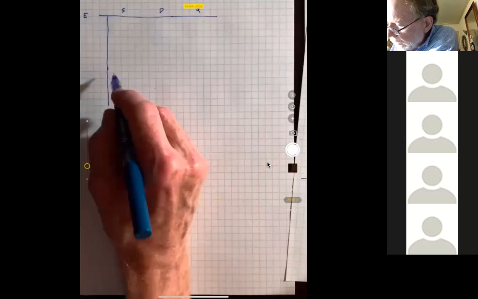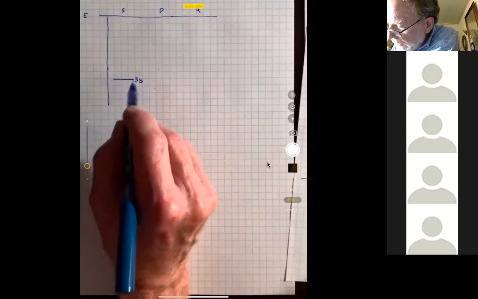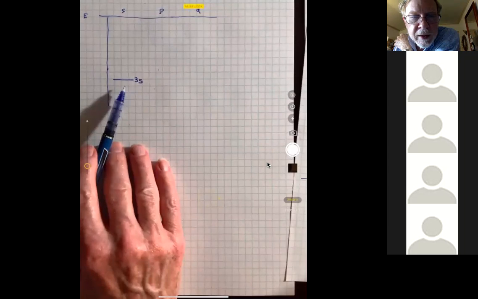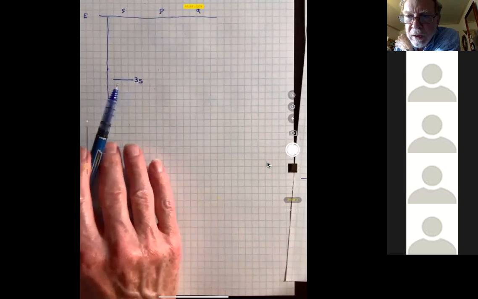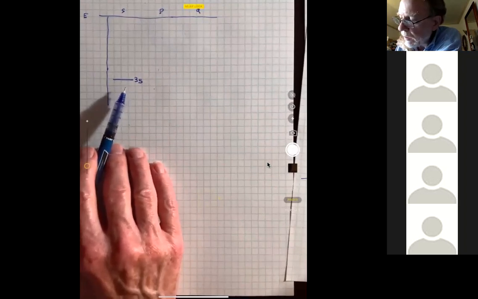I'll just concentrate on some of the S stuff. There's a 3S level here, which is the ground state. The ground state is a 3S rather than a 1S because the N equals 1 and N equals 2 electron shells are filled. That's the core. And so the first valence state available to the valence electron is 3S.